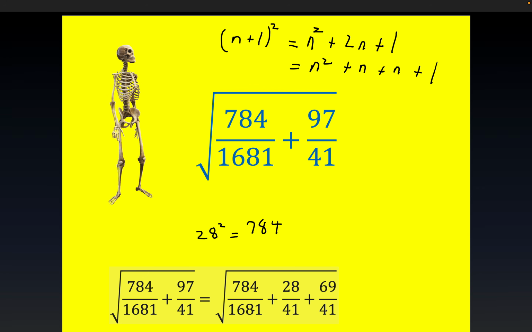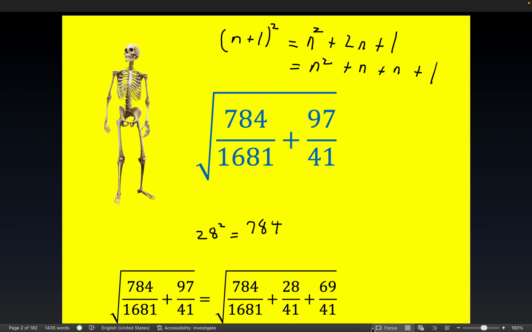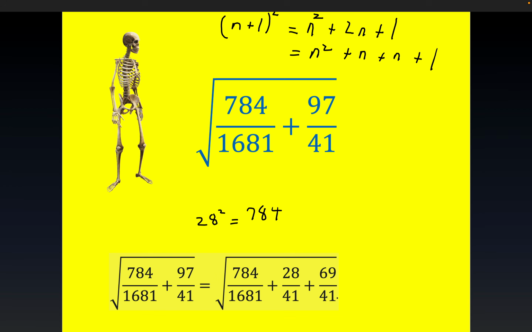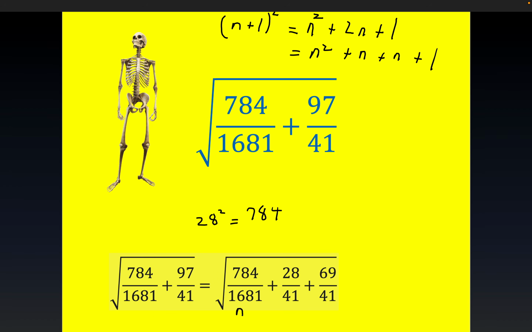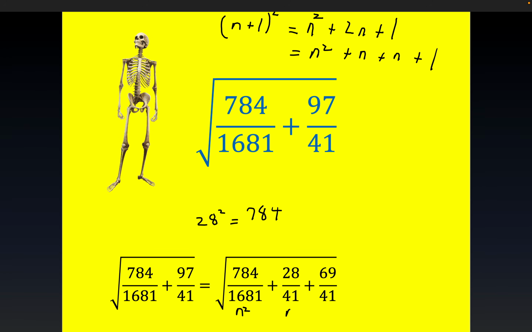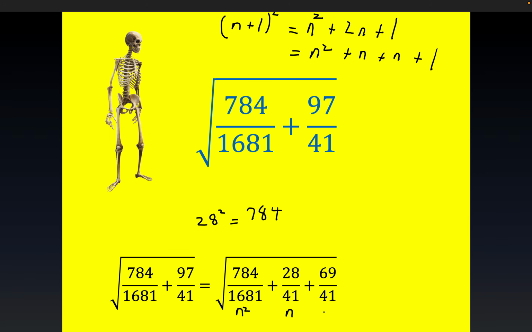All right, but notice what we get right here. You can think of this as, and I'll write it directly underneath here, that would be your n squared. This first one would be n, and what's kind of hard to pick up is this second one is n plus 1.